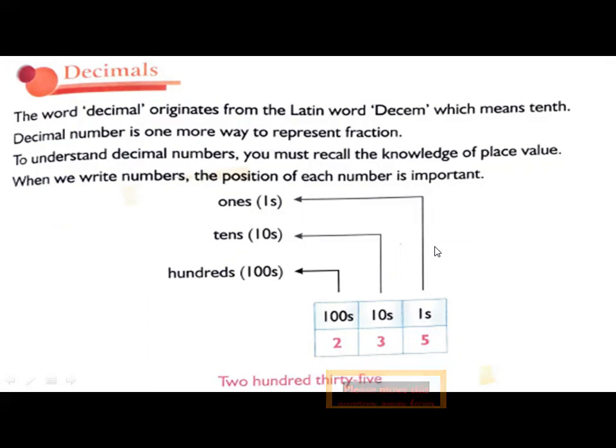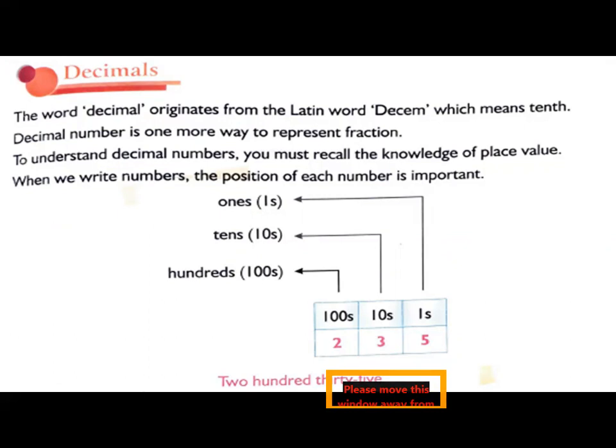When we write numbers, the position of each number is important. Look at the table, 235. So the 5 is in ones place, so we call it as ones. Next, 3 is in tens place.